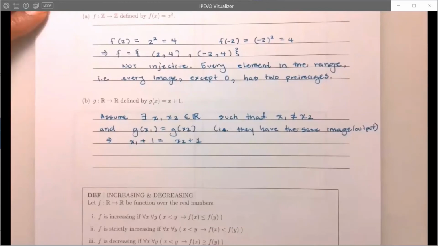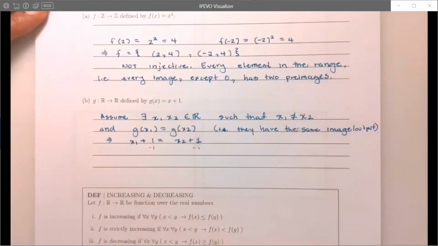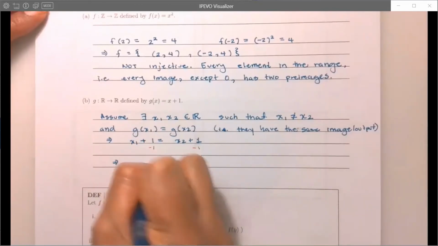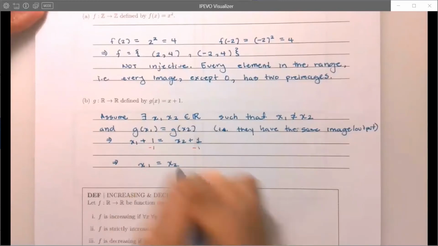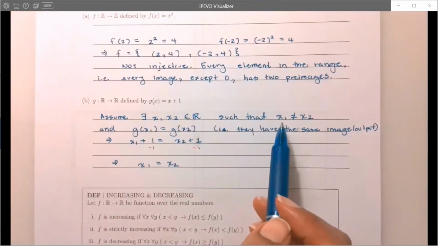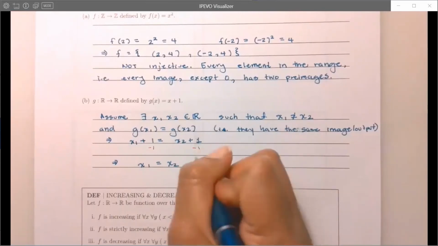Well, if that equality holds, then I should be able to subtract a 1 from both sides, and that's going to result in the expression x1 is equal to x2. But that contradicts our initial statement that x1 cannot equal x2, so therefore we've encountered a contradiction.